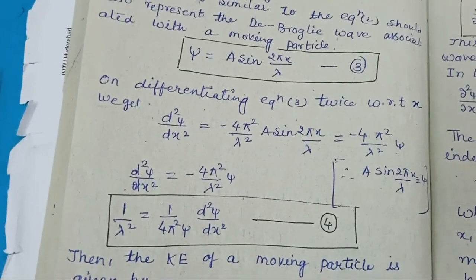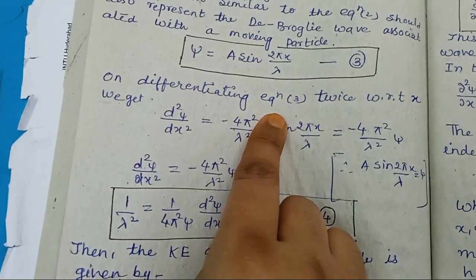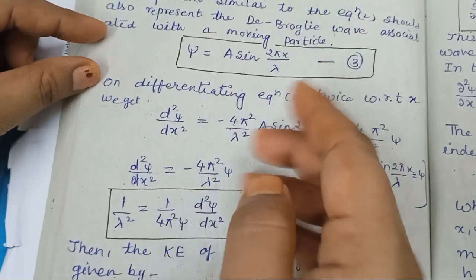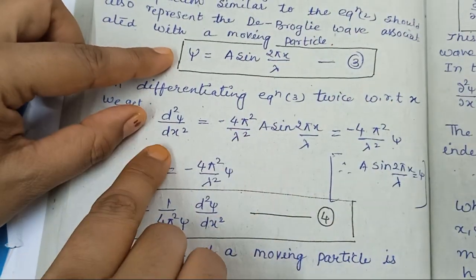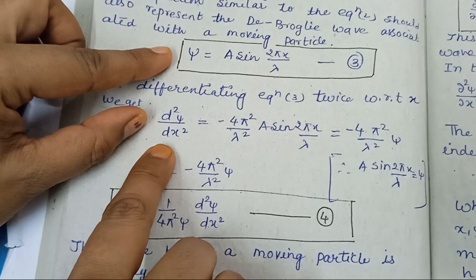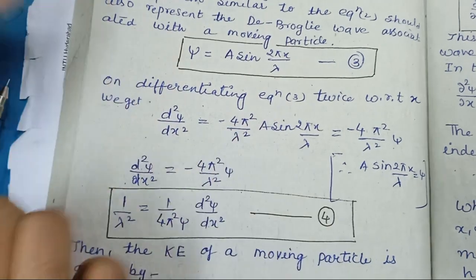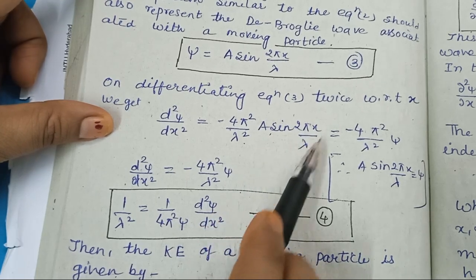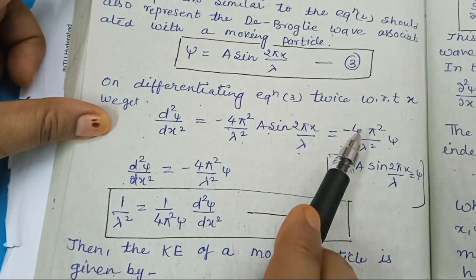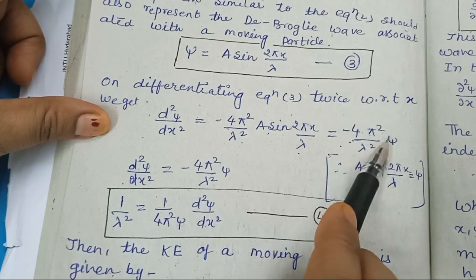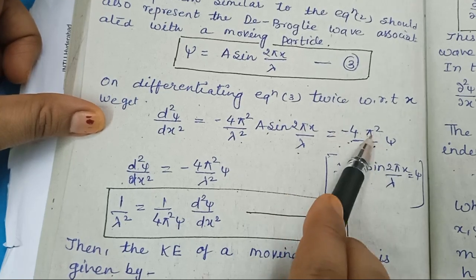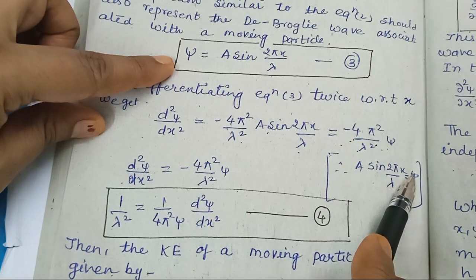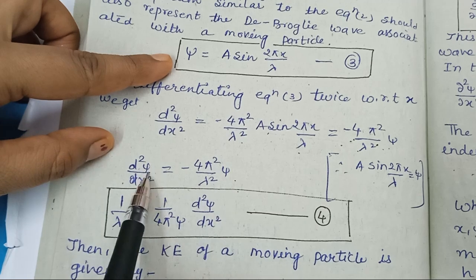Now we differentiate equation number 3 with respect to x, two times. What do we get? d2 psi upon dx square equal to minus 4 pi square upon lambda square a sine 2 pi x upon lambda, which we can write as minus 4 pi square upon lambda square psi, because this function is psi from equation number 3.